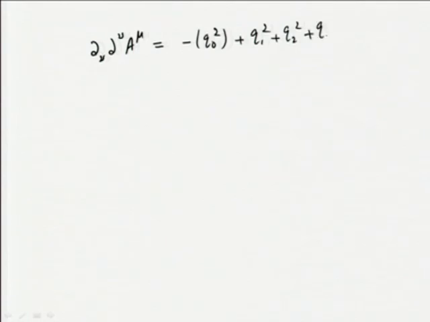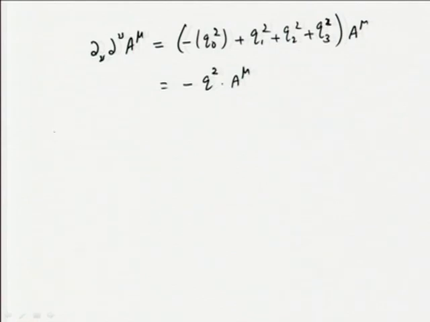Putting it together, ∂_ν ∂^ν A^μ is equal to -q_0² + q_1² + q_2² + q_3², which is equal to minus the 4-vector square, q² A^μ.